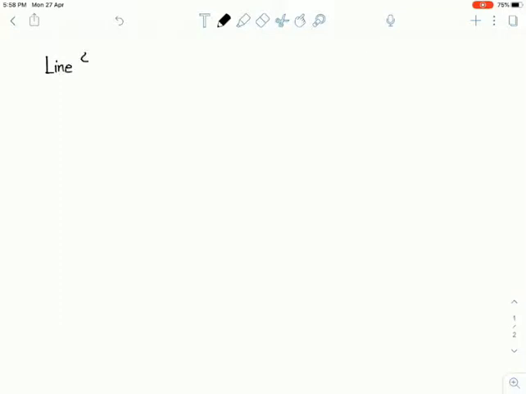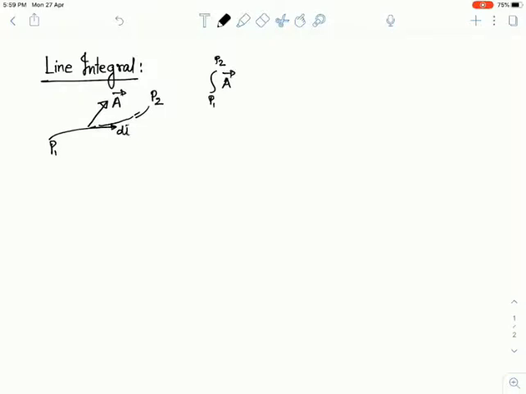Line integral, also called tangential integral, indicates integration of a vector along a curve between two points, that is P1 to P2, and it is defined as integration P1 to P2 of vector A dot dl, equals integration P1 to P2 of A dl cos theta, that is in the form of a dot product.